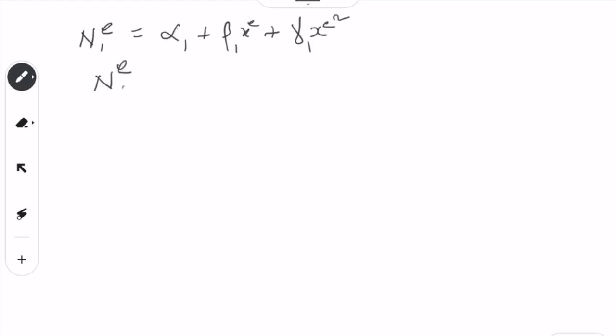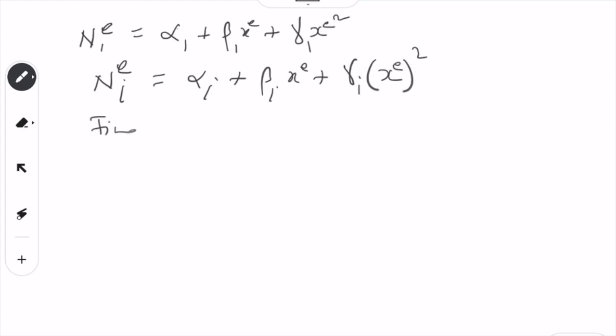So, we can have n i equal to alpha i plus beta i x e plus gamma i x e square, and we can find alpha i, beta i, gamma i.